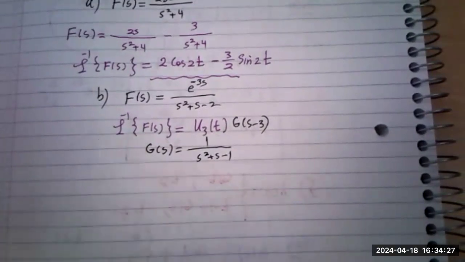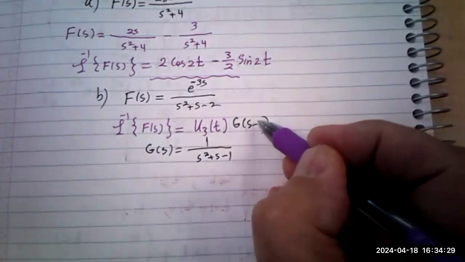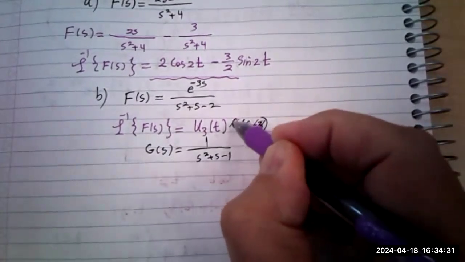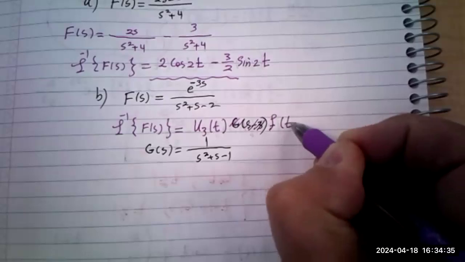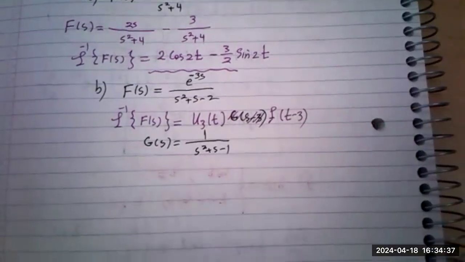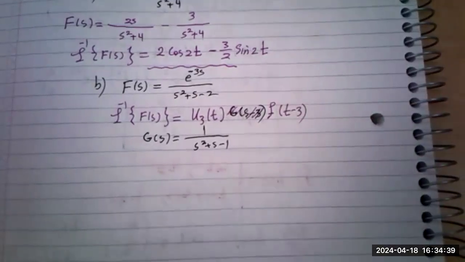Oh, I'm sorry, I made a mistake. I should say this is the second translation, f(t minus 3). You see, because you have u3(t), you have u3(t) f(t minus c).